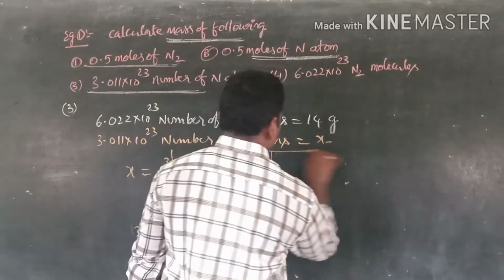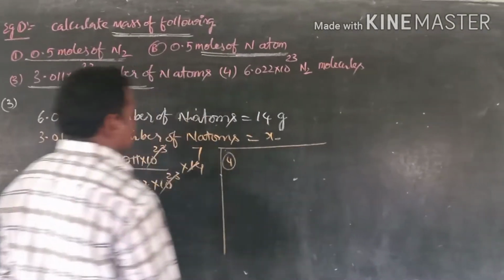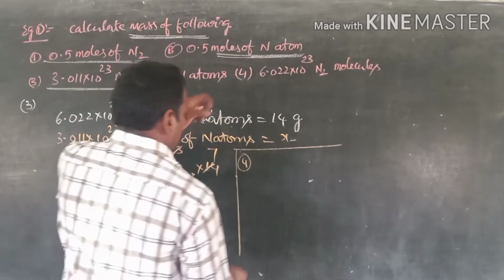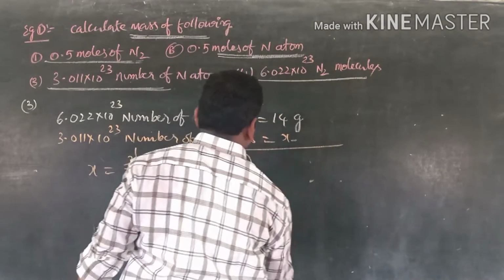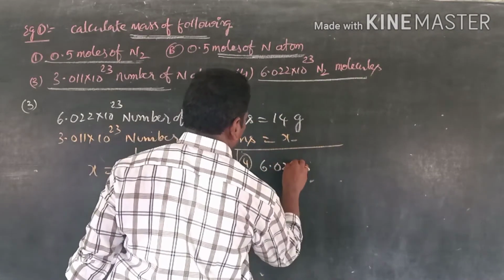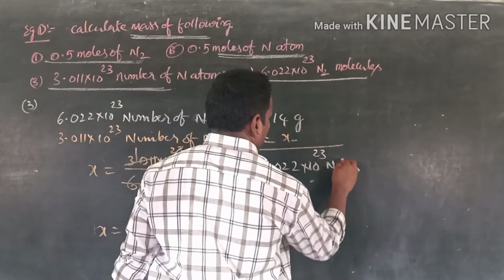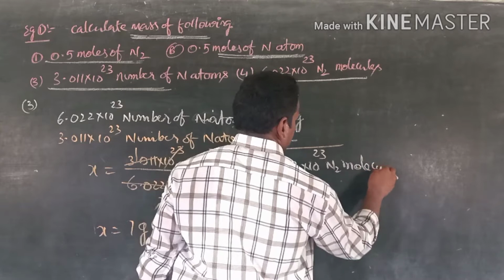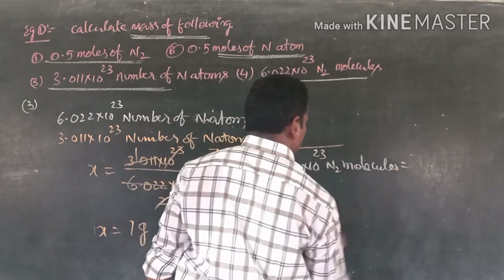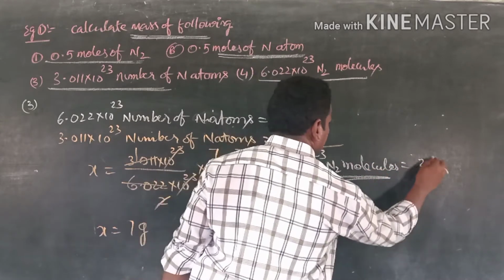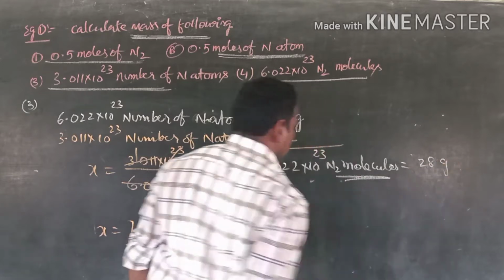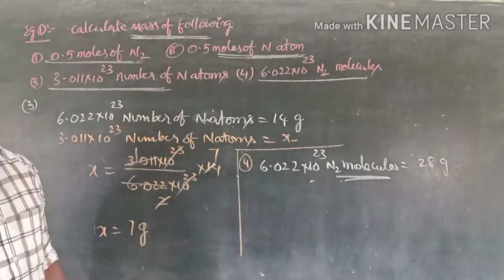Now, if you see the fourth model, you can solve this model easily. What is given? 6.022 into 10 power 23 N2 molecules. These many N2 molecules, that is nothing but 28 grams. This is the basic concept of mole.